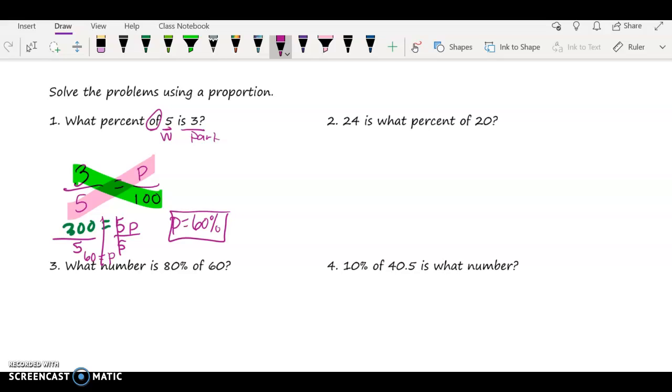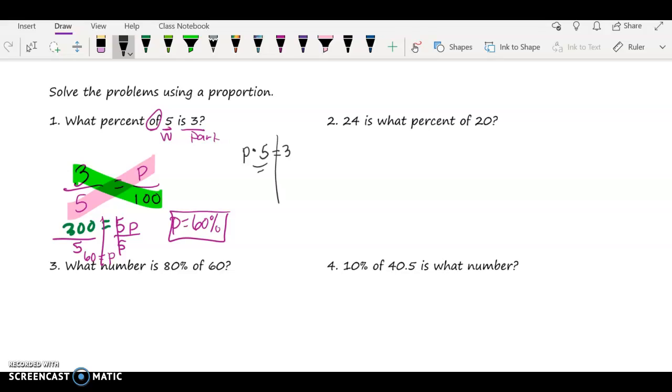I'm going to show you really quick that you can also do the equations method here. So what percent of means we're going to multiply. So we have some percent of means multiply 5 is 3, and is means equal. So then I draw my line.